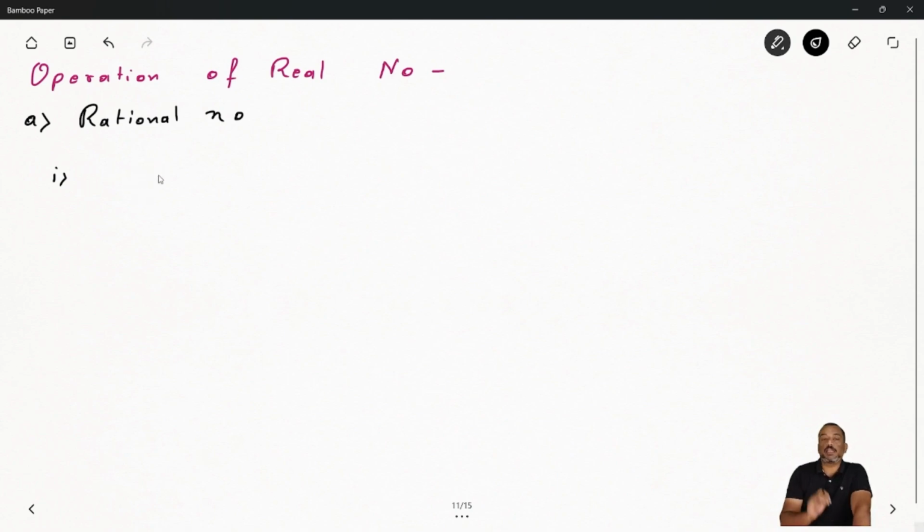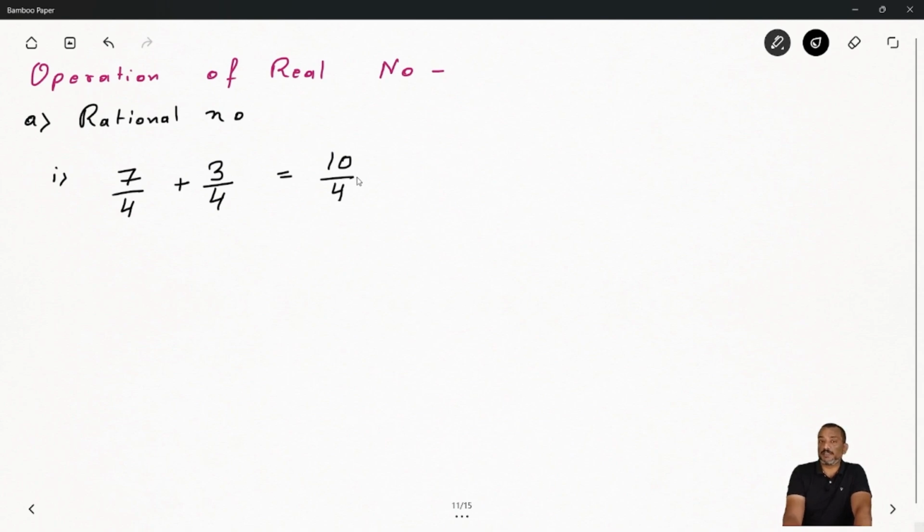If we add any two rational numbers, when we talk about rational numbers, integers also come in it, whole numbers also come, fractions also come, decimals also come. So whatever operation we now discuss for rational numbers will be considered for all of these. So if we add two rational numbers, like suppose 7 over 4 is added with 3 over 4. Both are in the form of p over q. So when you add, you will get here 10 over 4. Okay, so 10 over 4 is also in the form of p by q.